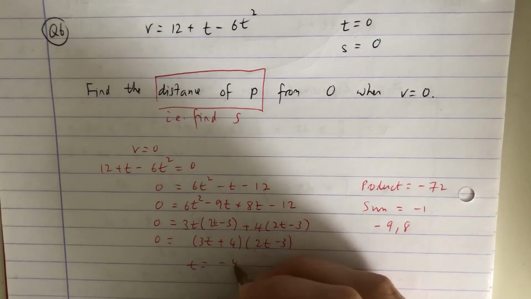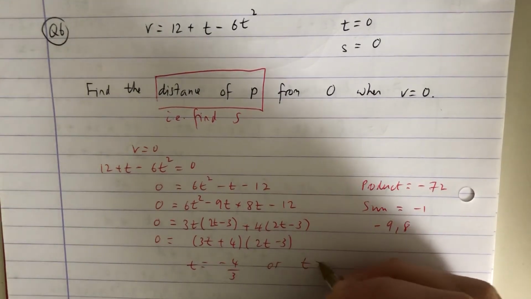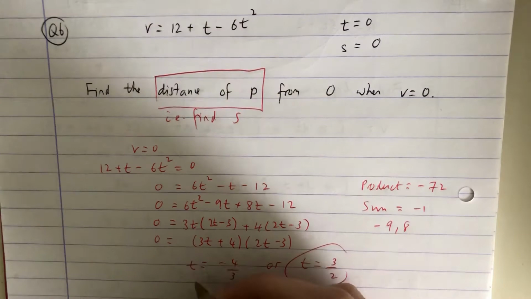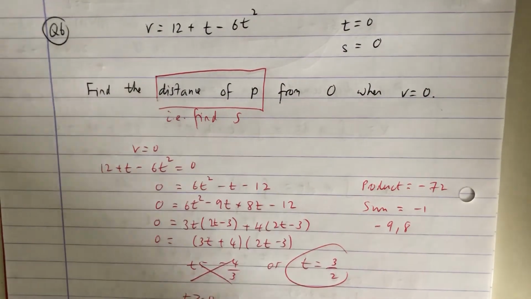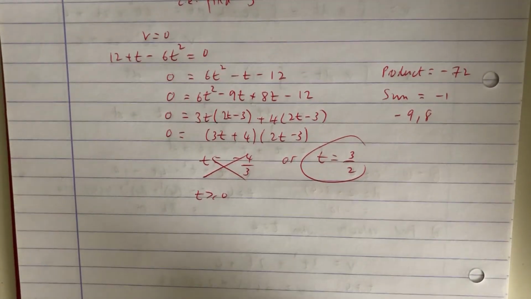So either t is equal to negative 4/3 or t is equal to 3/2. And it'd have to be 3/2 because t is bigger than or equal to 0. Can't have a negative time.